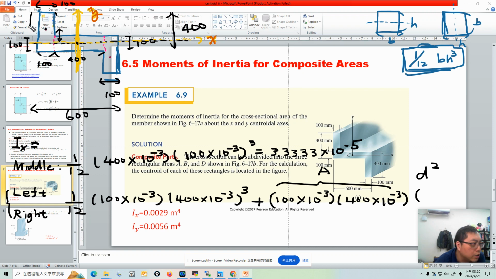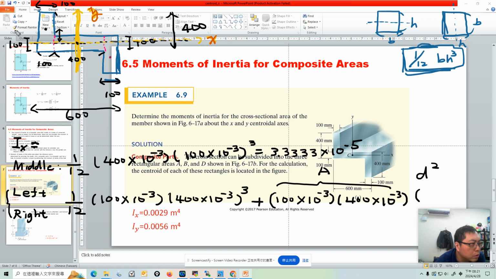Here is 200 because it's at the centroid. Sorry, we don't need to know the distance here, my bad. Let's focus on this distance. What's the distance here? Here is 50, but what is the distance between?